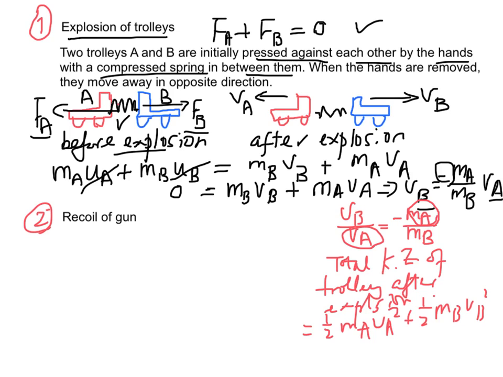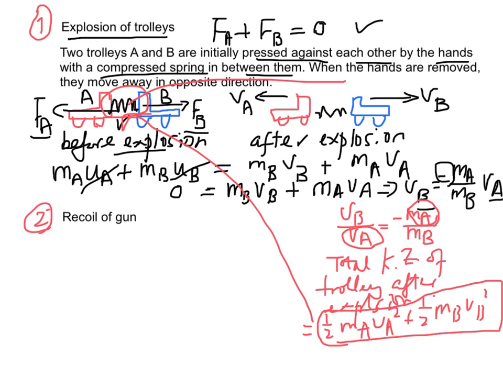Obviously, the total kinetic energy of the trolleys after explosion must come from the spring, which is the energy stored by the spring in the form of elastic potential energy. That means the elastic potential energy stored by the spring is now converted to the kinetic energies of the trolleys. Therefore, they are equal.